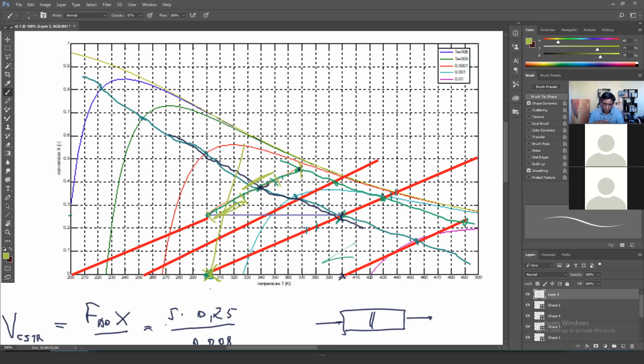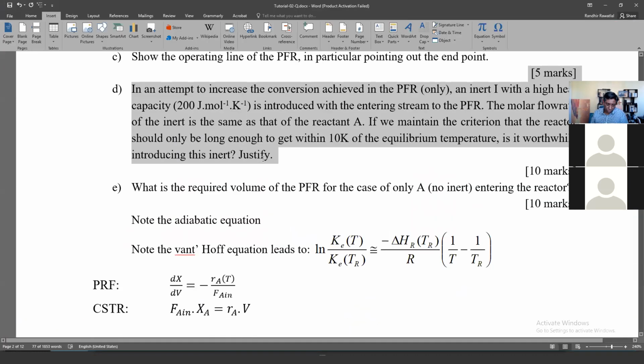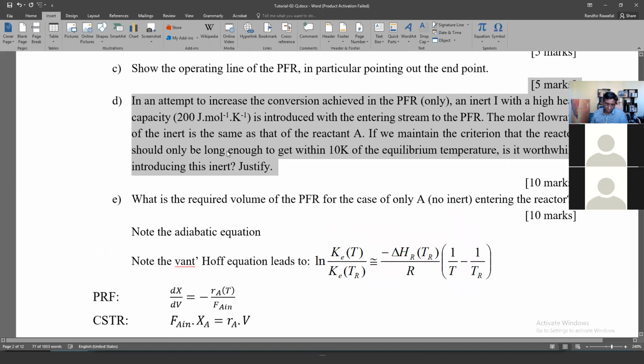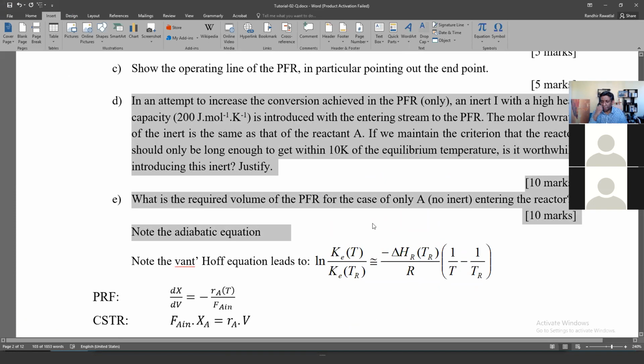So it's easy to separate them. Then if separation cost is not a concern for you, you can think about just bleeding reactant to join future units. Anyway, we'll talk about that cold shot possibility more later. So for now, high capacity inert, that's part of this question. So think about that, and then do questions D and E.